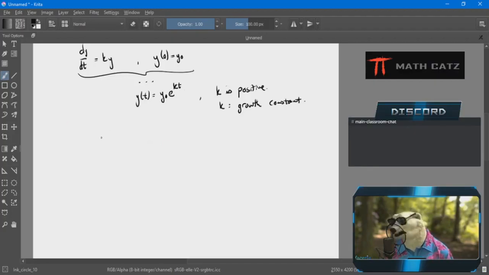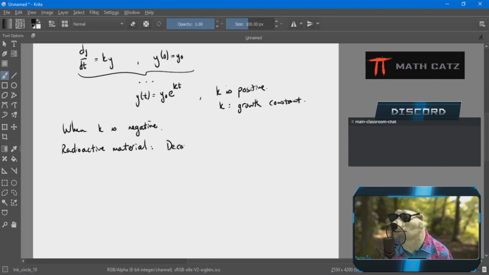But there's also another side to this. When k is negative, often if we look at radioactive material, various radioactive substances, there the substance decays, becomes less at a rate that is also proportional to the amount left at that time.